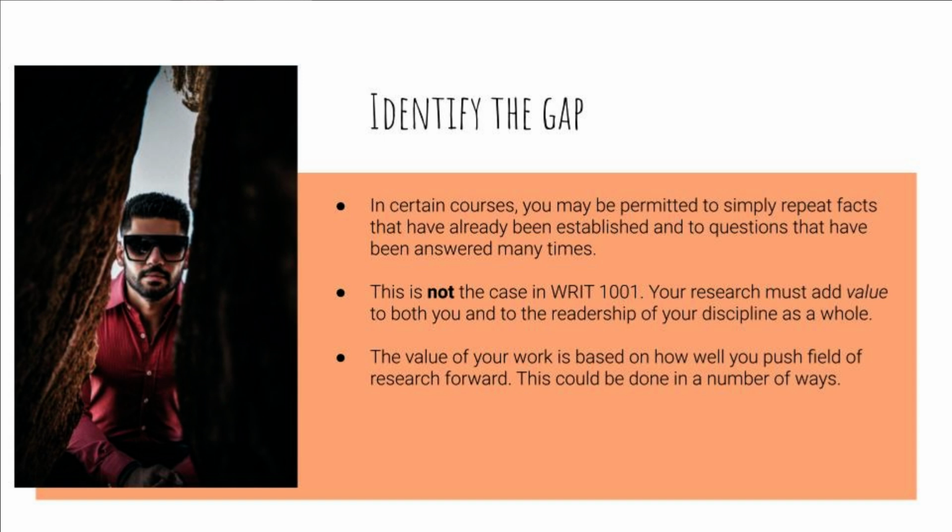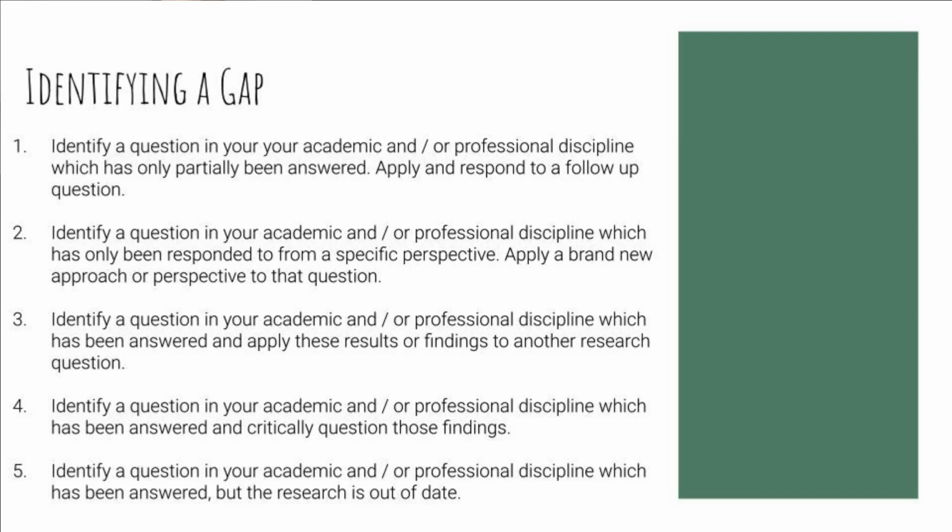This could be done in a number of ways. First, identifying a gap. Identify a question in your academic and or professional discipline which has only partially been answered. Apply and respond to a follow-up question. So maybe a yes or no question has been responded to a lot, like, for example, do video games negatively affect the sleep of students?